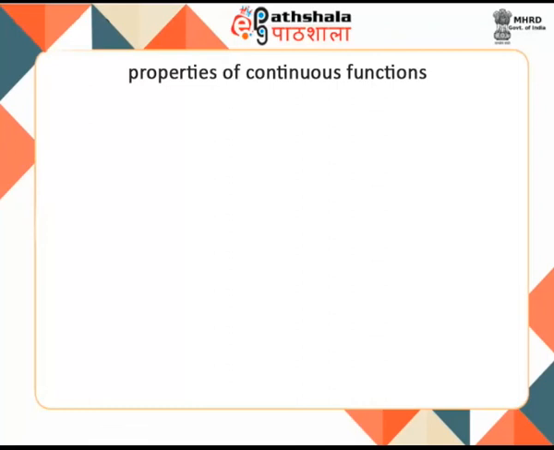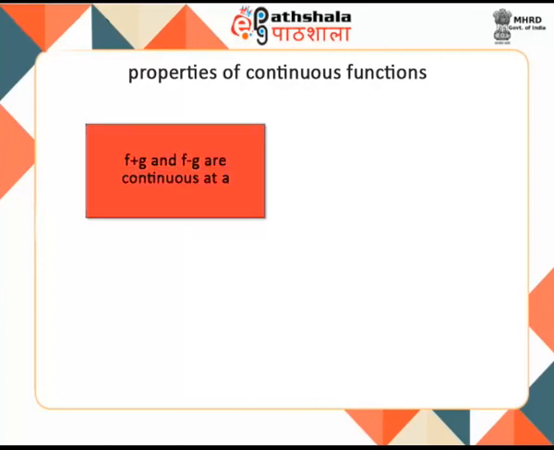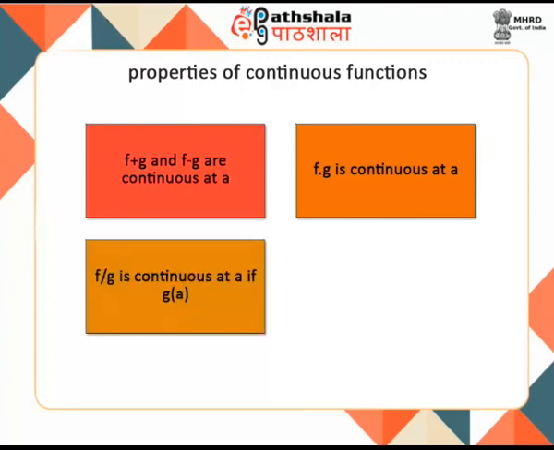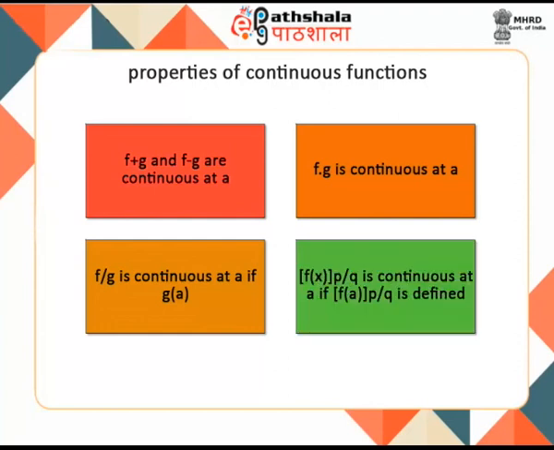Let's now discuss the properties of continuous functions. If f and g are continuous functions at a, then: a, f plus g and f minus g are continuous at a; b, f into g is continuous at a; c, f by g is continuous at a if g(a) is not equal to 0; d, f(x) raised to power p by q is continuous at a if f(a) raised to power p by q is defined.